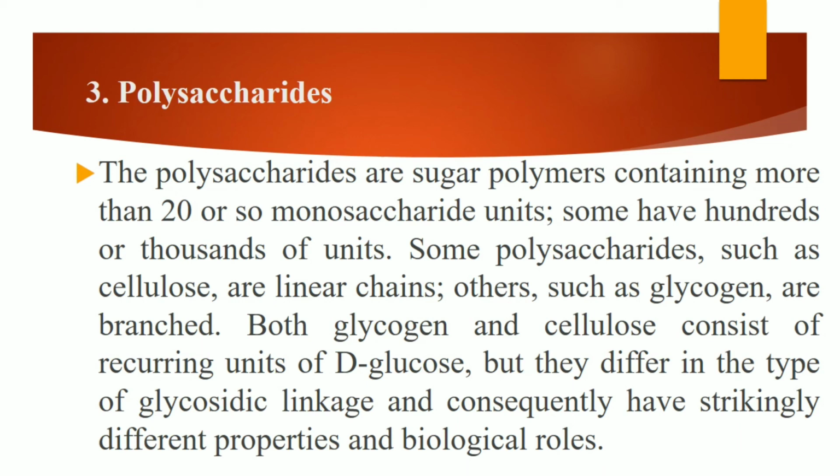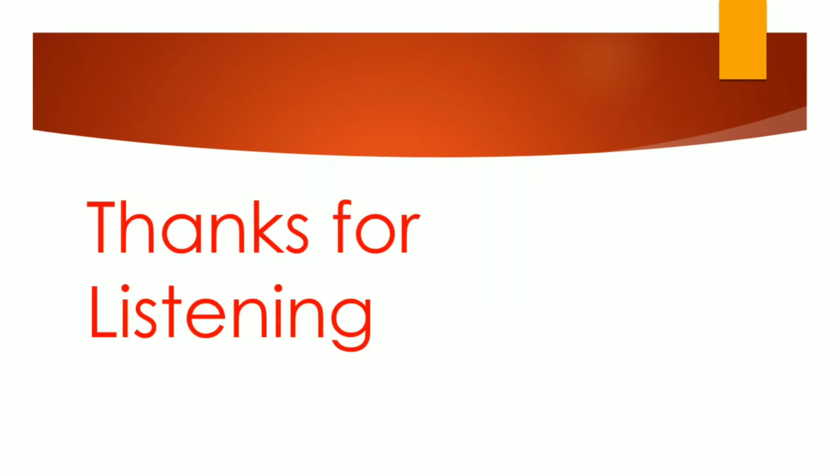Both glycogen and cellulose are polysaccharides, but they differ in biological properties. The reason is that glycogen is found in animals, whereas cellulose is found in plants. There is also a difference in the linkage of glycosidic bonds in glycogen and in cellulose. So this is all from today's lecture.